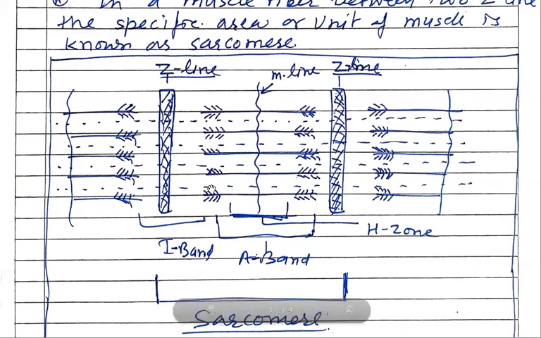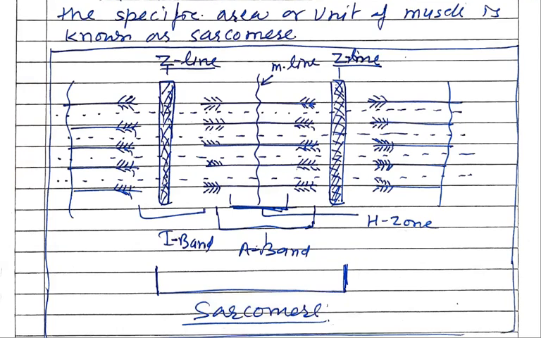Between the A bands of two sarcomeres, there is an isotropic area. This is called the I band, the area beside the Z line in the anterior and posterior part.